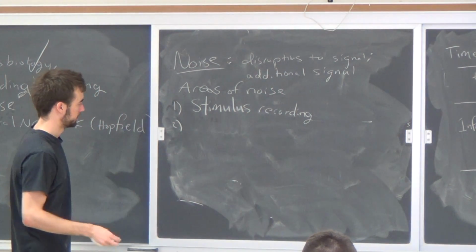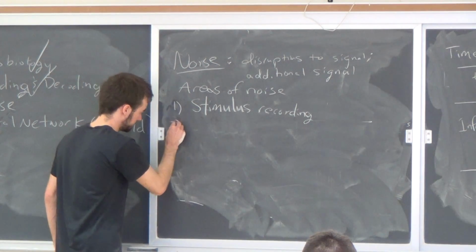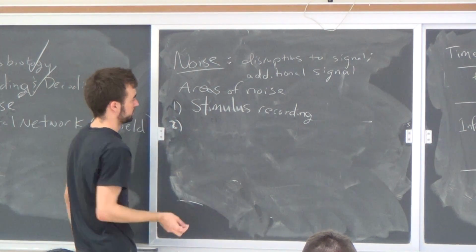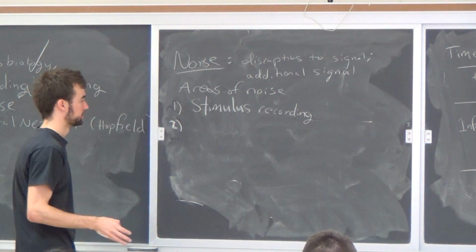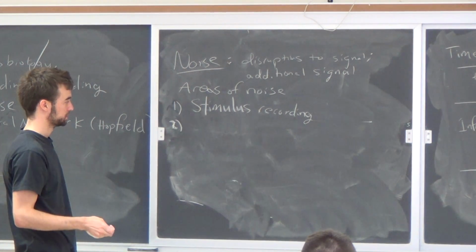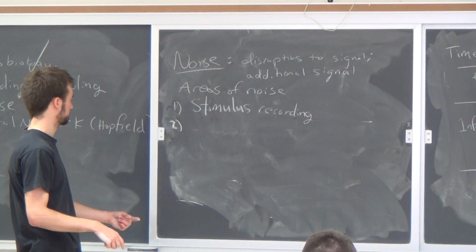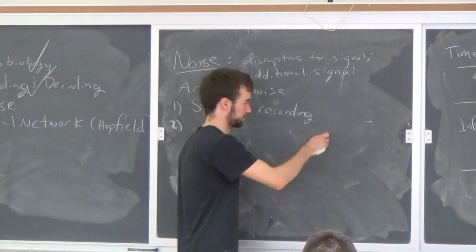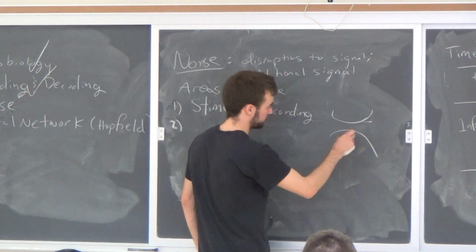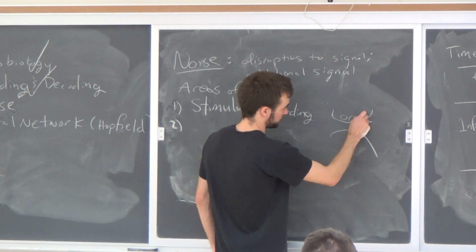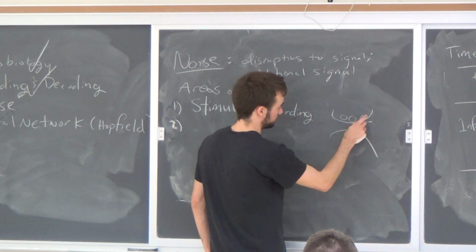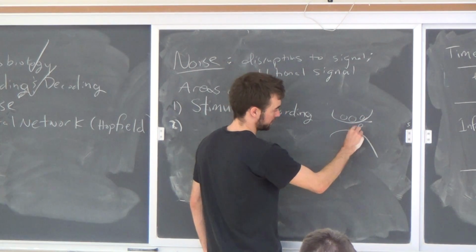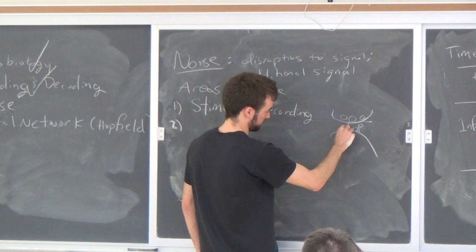Another area of noise is in the neurotransmitters. I don't know if you remember, I just erased it, but we have these two neurons with little receptors, and the neurotransmitters come down and get connected to these receptors.